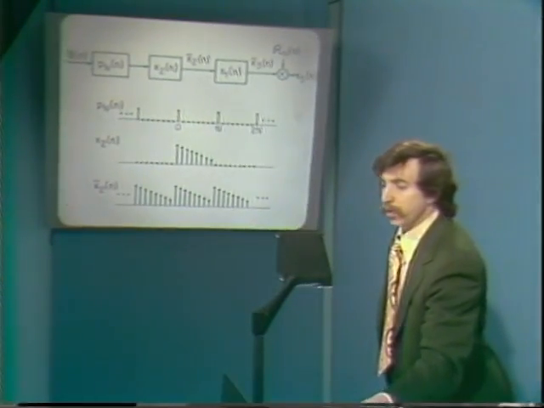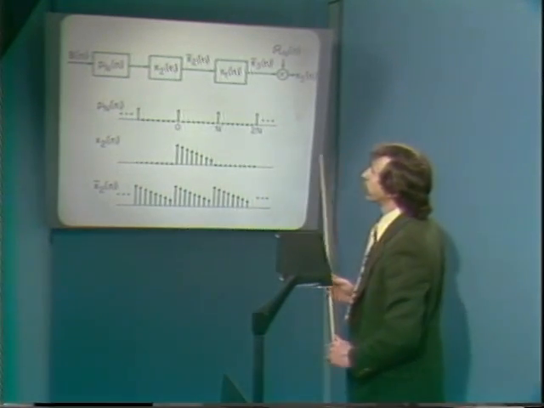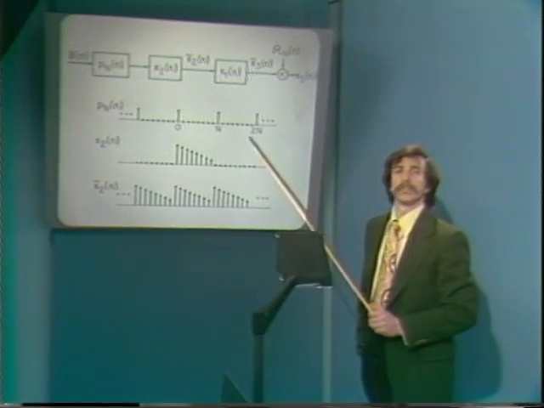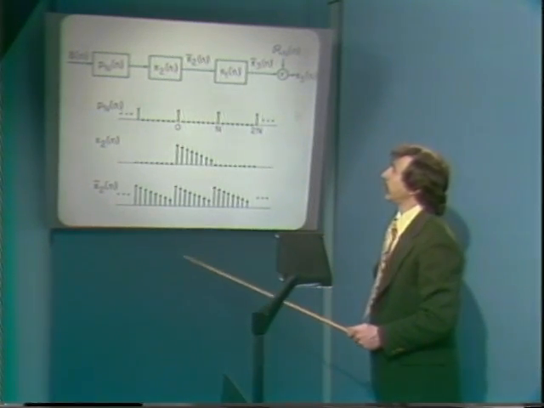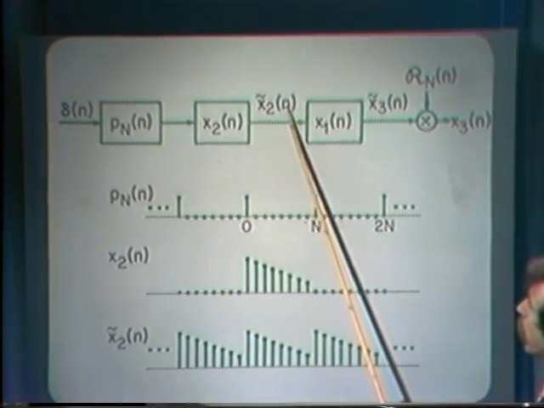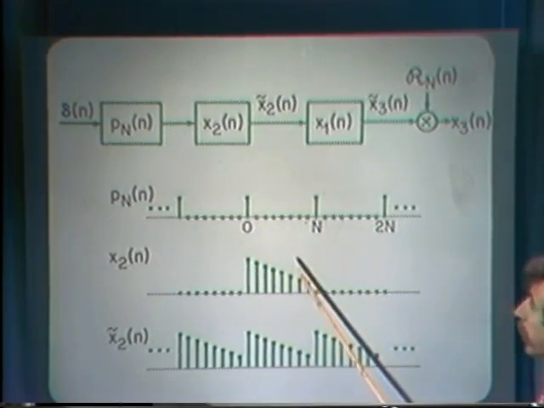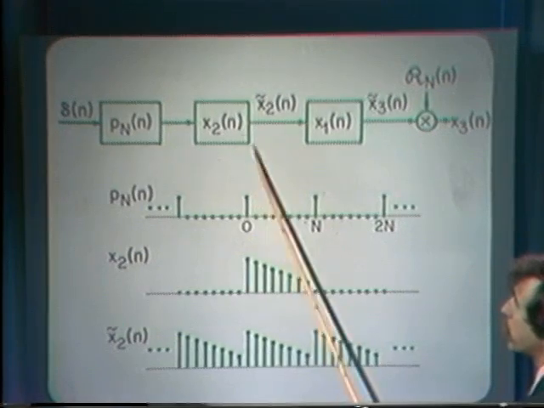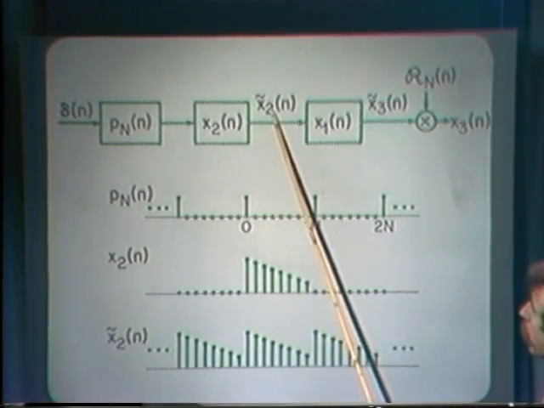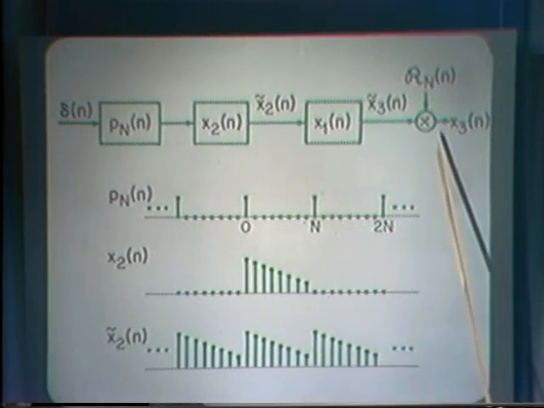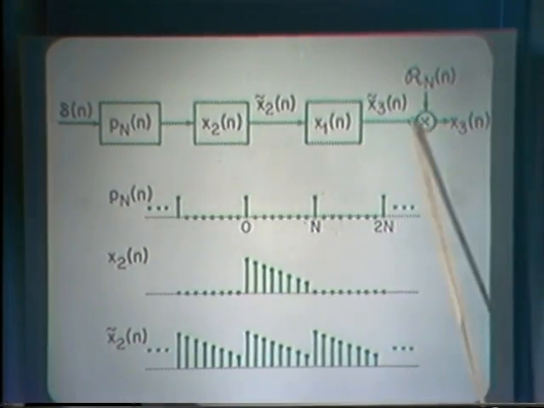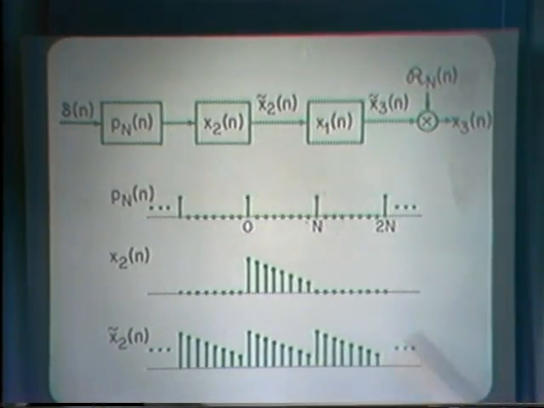So from the equation that we just saw, one possible way of thinking of circular convolution is as the generation of the periodic function x2 of n by convolving x2 of n with a pulse train, then a linear convolution of that with x1 of n, and then finally extracting one period, which is what this function multiplying x3 tilde of n does.